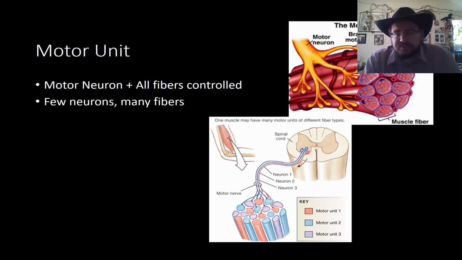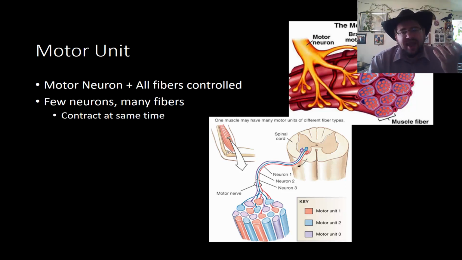So when you have very few motor neurons connected to a large amount of muscle fibers, then they all tend to contract at the same time. Think of your lower back, the big old lower back muscle.